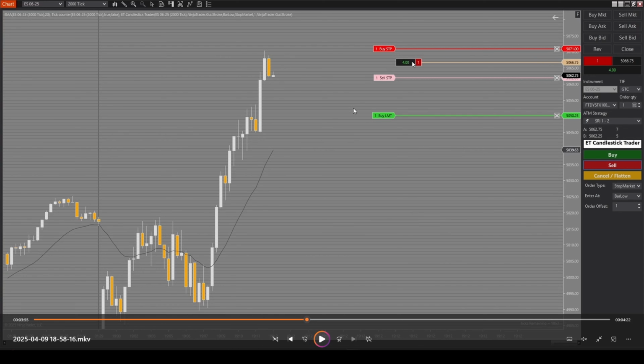Because this was an early entry. The early entry gave me almost 4 point profit. Right now it's showing you 4 points here. So I wanted to risk somewhat more to make even more. So I moved my profit target to almost 8 points and it gave me my profit.